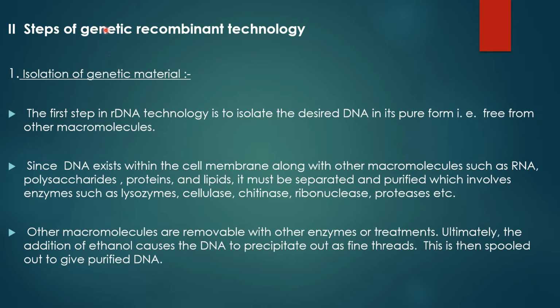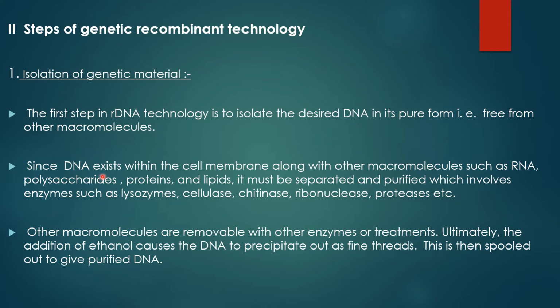Steps of recombinant DNA technology. First, isolation of genetic material. The first step in recombinant DNA technology is to isolate the desired DNA in its pure form, that is, free from other macromolecules.